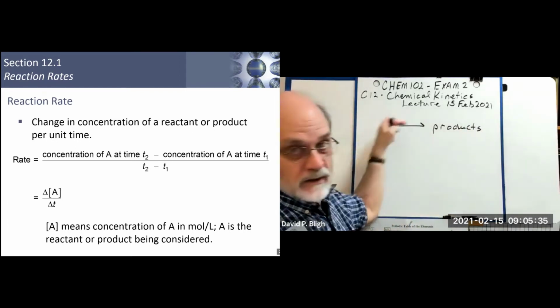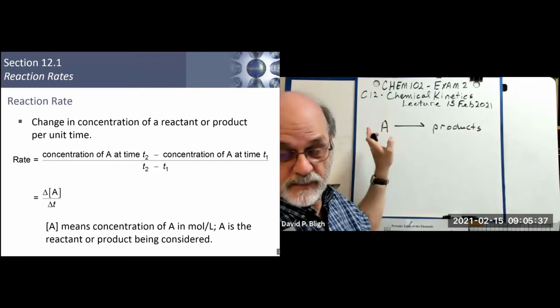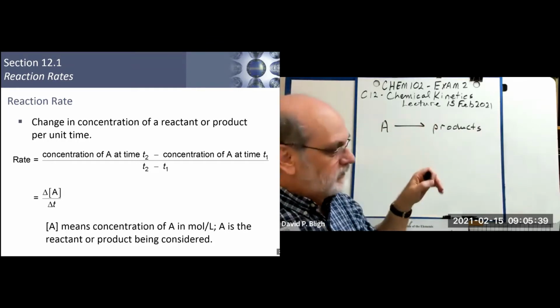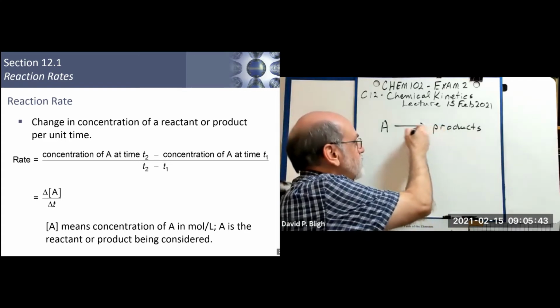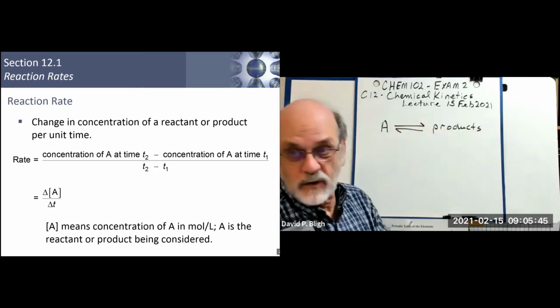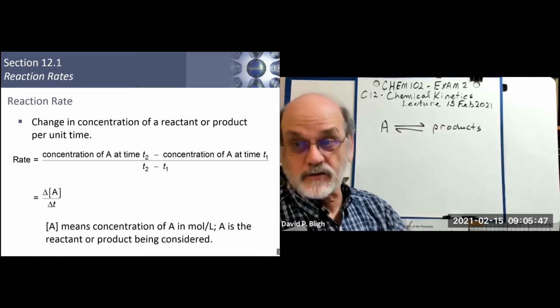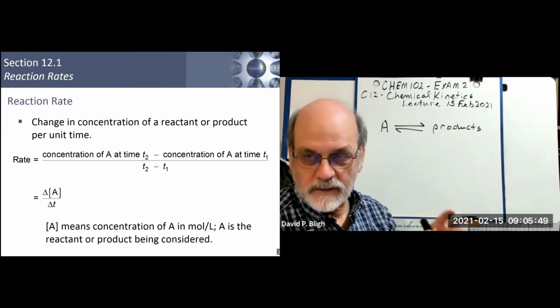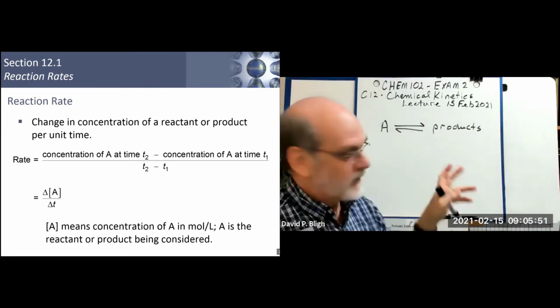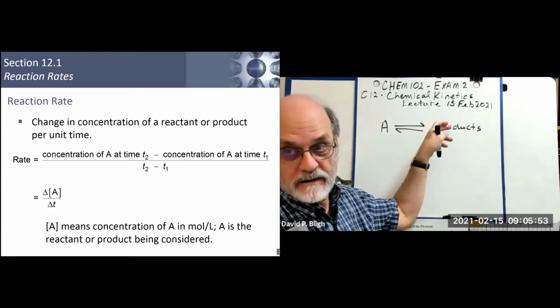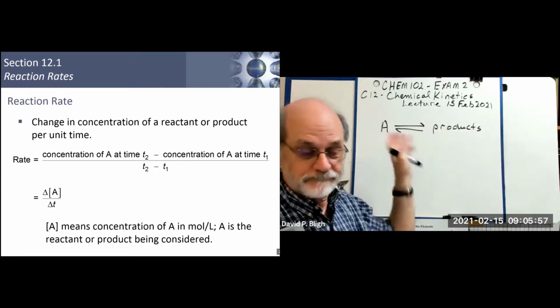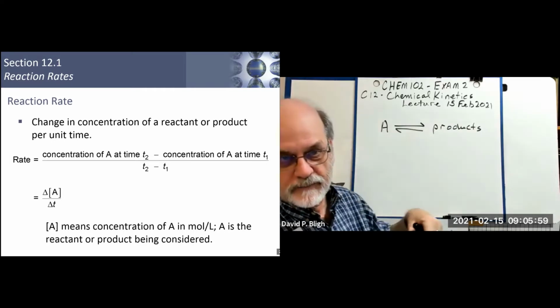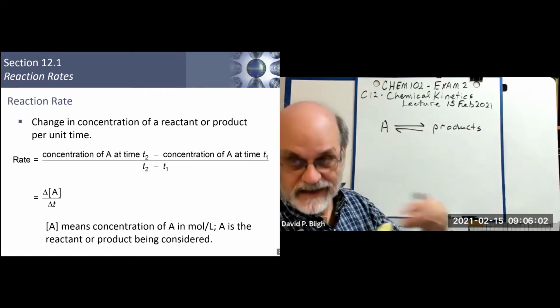What's the rate here? The change that takes place over time. But when you get to equilibrium, you're concerned also with the reverse reaction, and it has its rate. And for equilibrium to exist, the forward rate has to balance the backwards rate, the reverse rate. So that's why we're covering reaction rates, the kinetics, first.